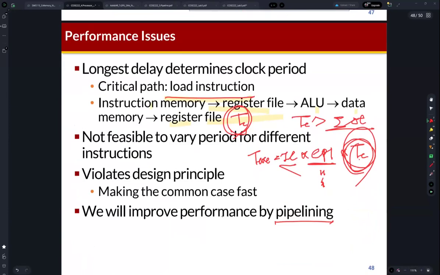I mentioned the performance issue. In order to understand the performance of the processor, you need to understand the digital design concept. I already explained the digital design concept and the conventions, right?